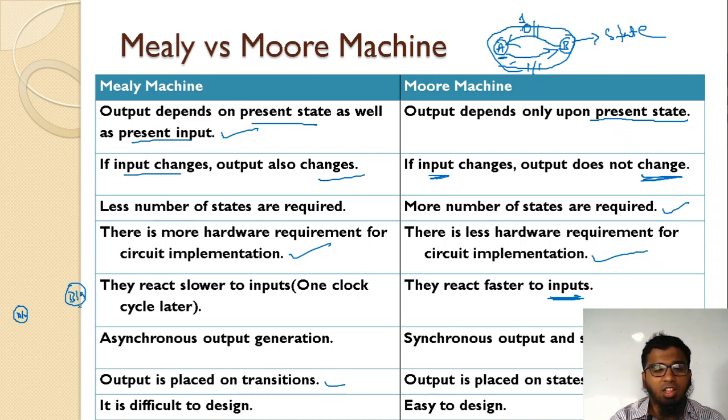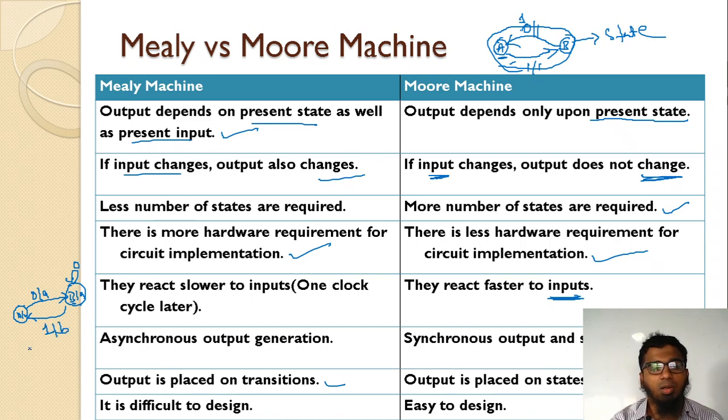In the state only we need to place the output. When we have B on 0, it will output A. In Mealy, output is placed on the transition, so we need to place it here. When it is 0, it is A. When it is 1, it is B.